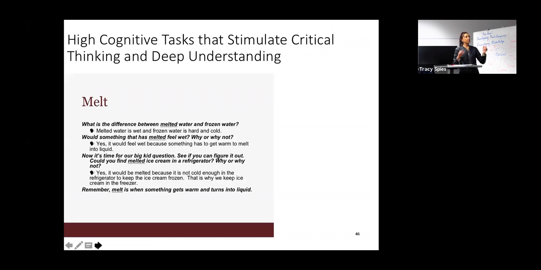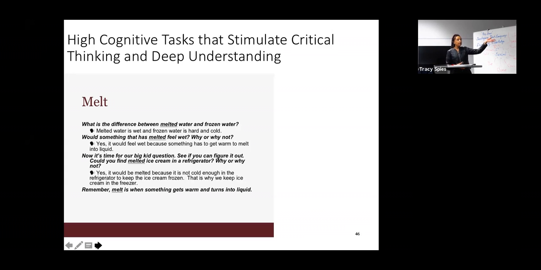So here's an example of a high cognitive task. These tasks only appear on day 2 because I'm going to have you practice to write some of these. So we're focusing on what water can do. Water can melt. So they learn melted and frozen. So we asked the children, what's the difference between melted water and frozen water? We give a talking prompt, but the teacher is the one who has to get the children to be able to talk about it.